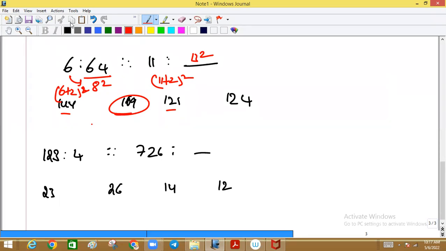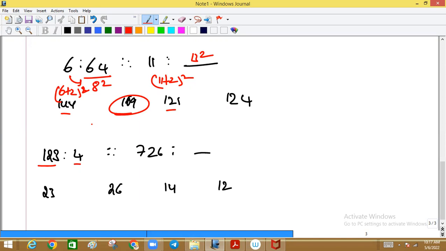So try to get the logic. Here you're having a very big number, here you're having a very small number. So how will you get the small number from the big number? What are the different ways we can do it? We need to follow that, right?